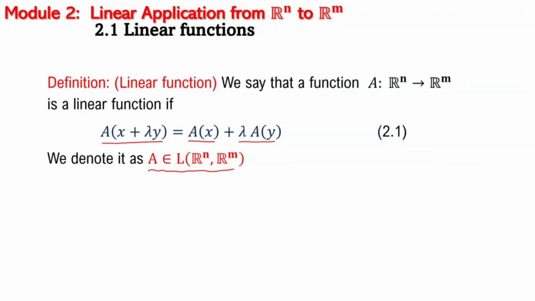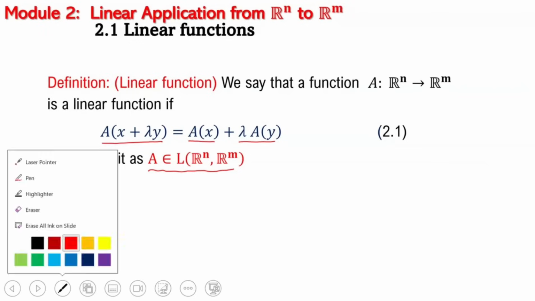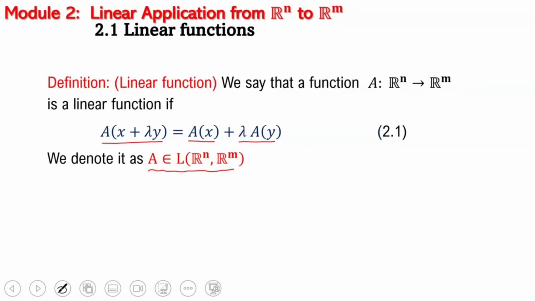So this is the condition for the linearity of a function from Rn to Rm. In this case, x belongs to Rn, y also belongs to Rn, and lambda is a real number.